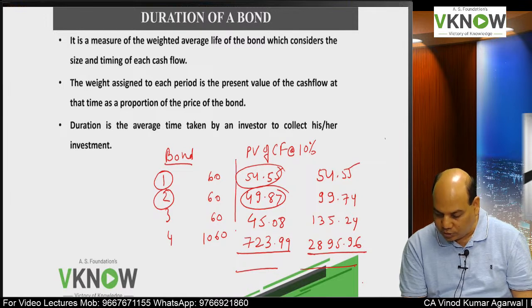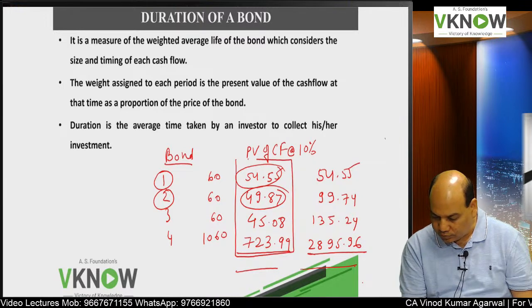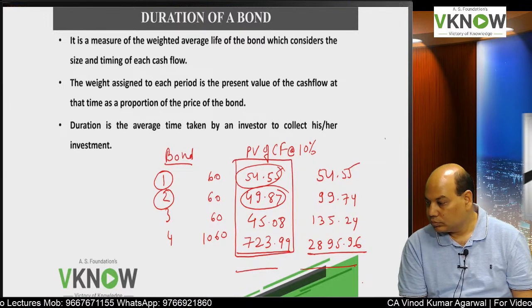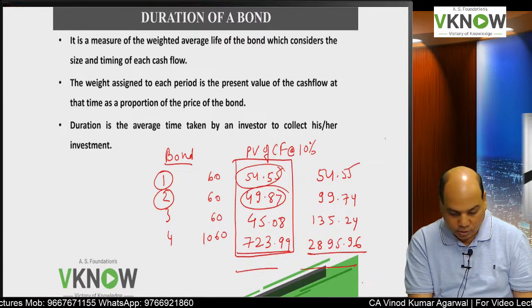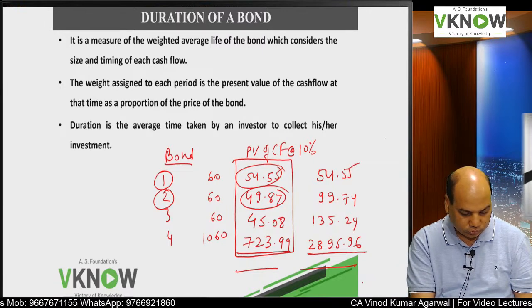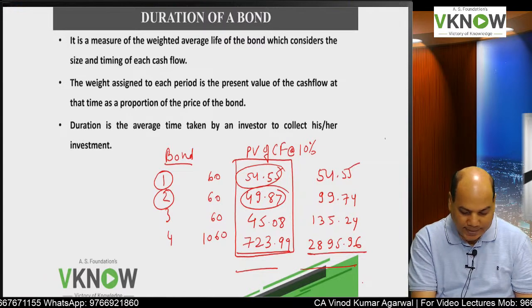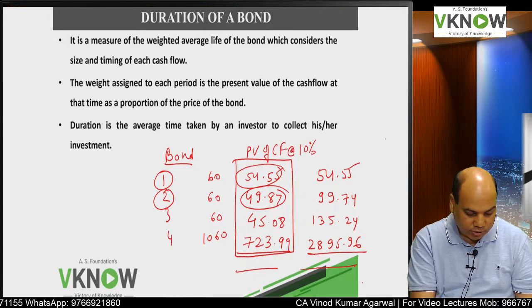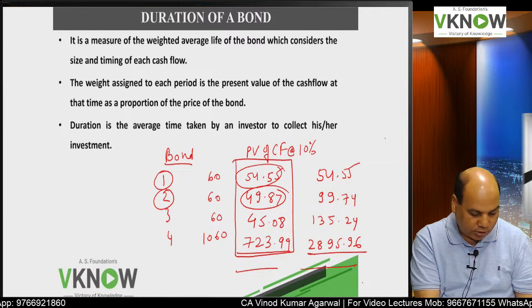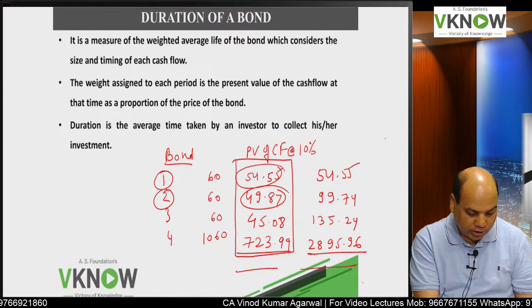Can you tell me the total of this column? 54.55 plus 49.87 plus 45.08 plus 723.99.